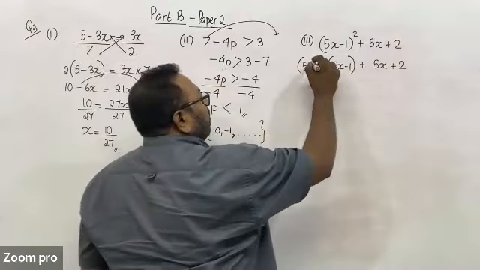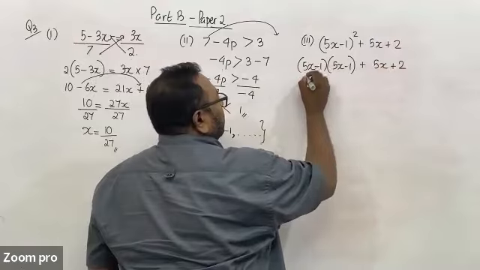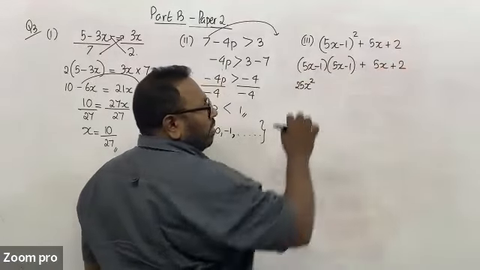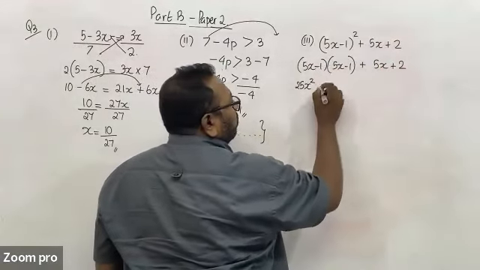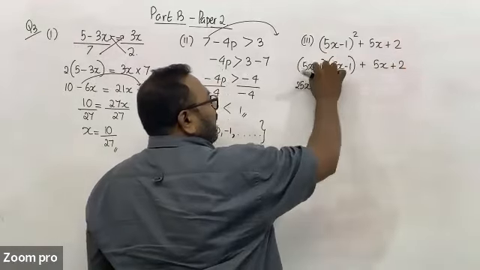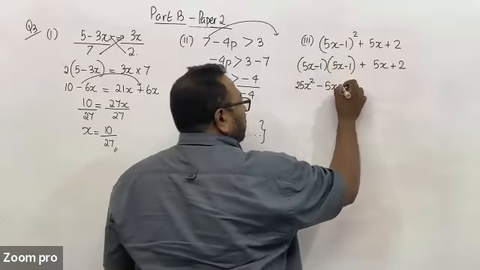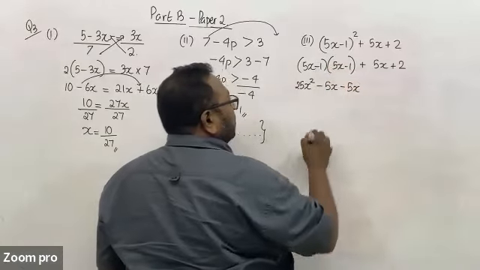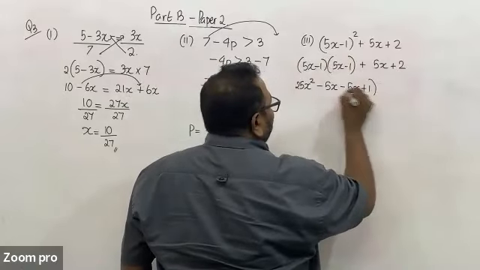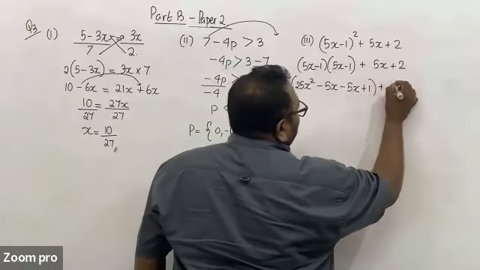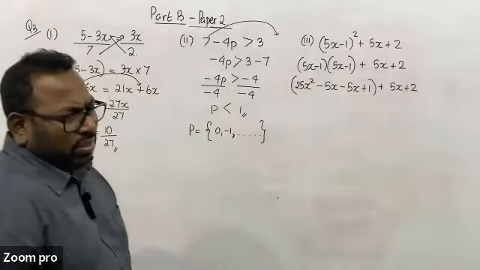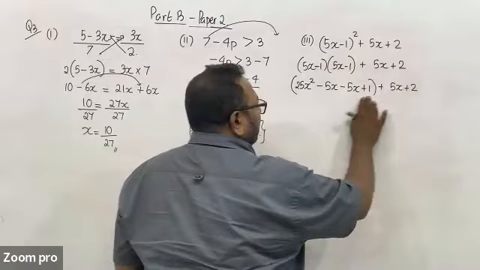Simplify here. 5x into 5x, 25x squared. 5x into minus 1, minus 5x. Minus 1 into 5x, minus 5x. Minus 1 into minus 1, plus 1. I'm just going to keep this a little outside for the time being. Then simplify inside the brackets.